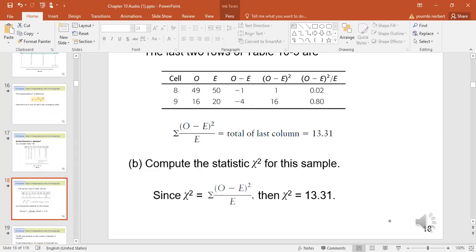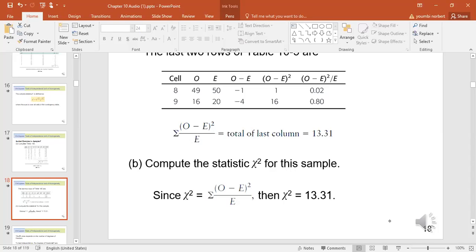What do you have for test value? What is chi-square? And what's the p-value? 0.009? Yeah. We all have this, or something very close to that.